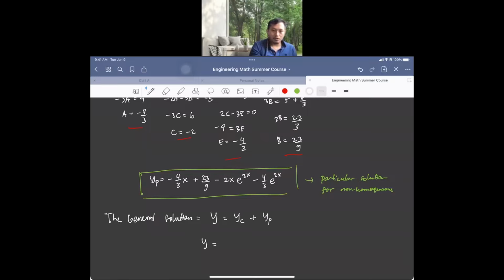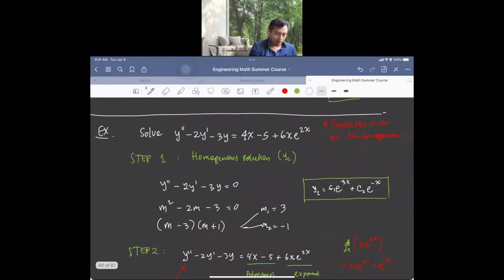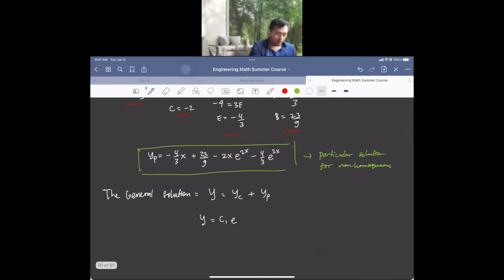So y equals the homogeneous one, c1 e^(3x) plus c2 e^(-x), and then minus 4 over 3 x plus 23 over 9, minus 2x e to x, minus 4 over 3 e to x.